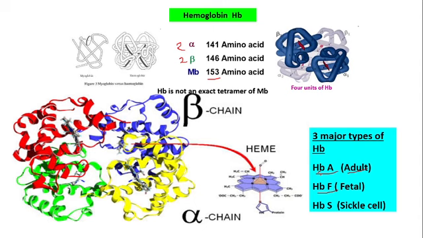Next time we will learn the mechanisms of hemoglobin and the diseases which can occur due to the deficiency of hemoglobin. Then we will also learn the different states of hemoglobin, that is the T and R states, and other topics. Okay, so I am going to stop here.